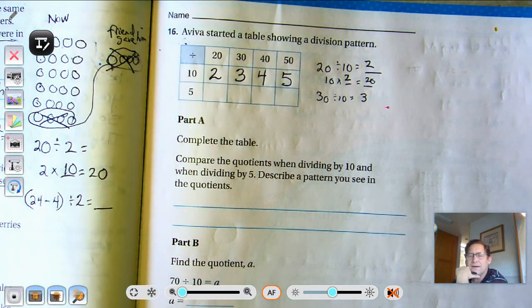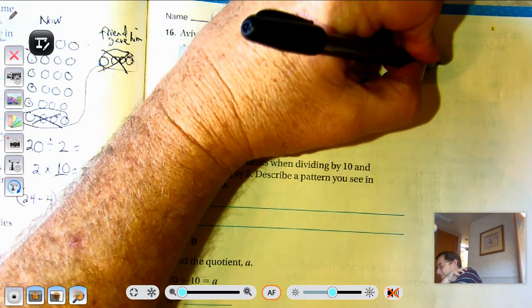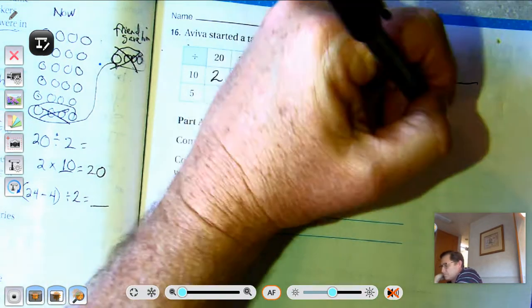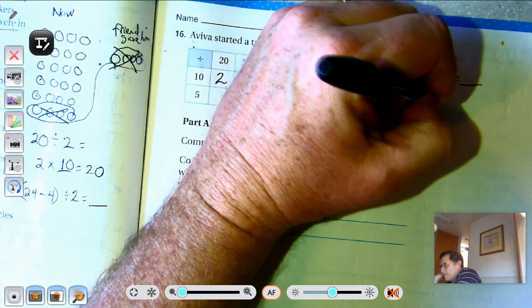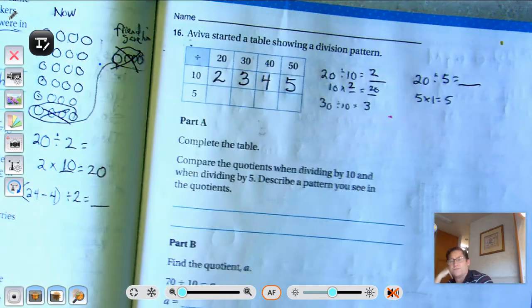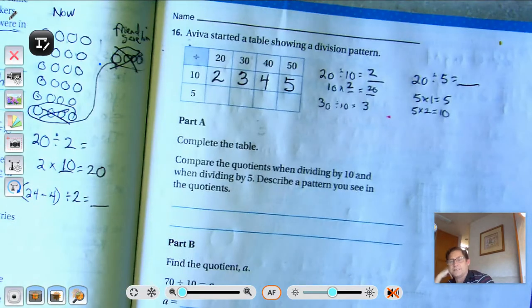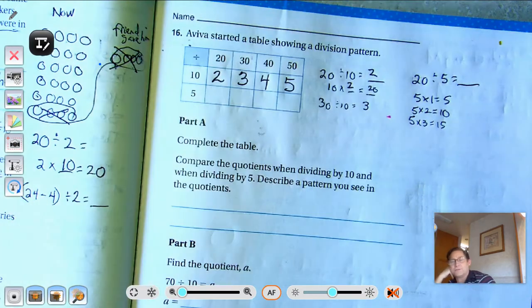What is 20 divided by 5? 20 divided by 5 equals what? Well, 5 times 1 is 5. 5 times 2 is 10. 5 times 3 is 15.